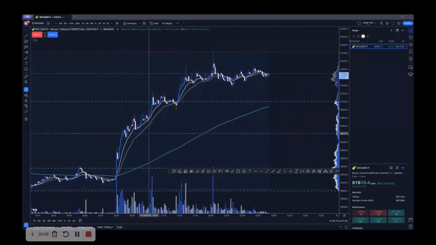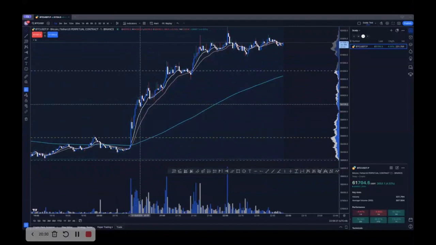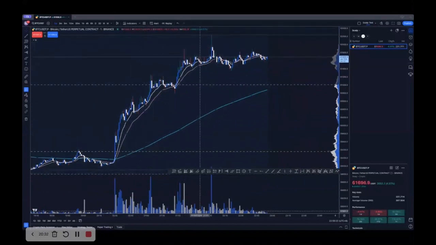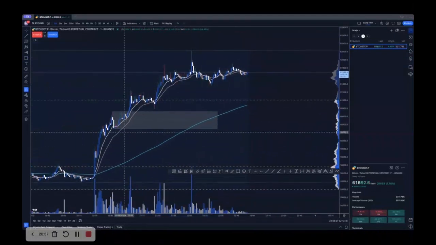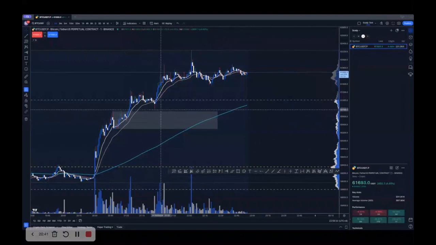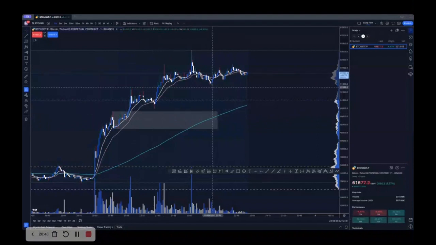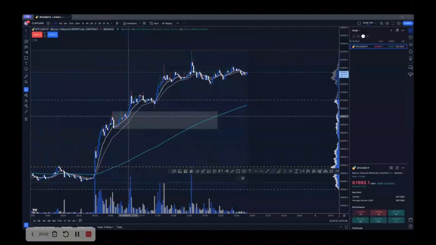So if I draw a box right here, this is the area of consolidation, which will probably be the point where I start trying to pick out a trend line. So I don't see anything very significant here, but I do see a potential trend line. Remember, the trend line we use in the lower time frame has to be based on candles, not based on wicks, right? Because wicks are too insignificant.